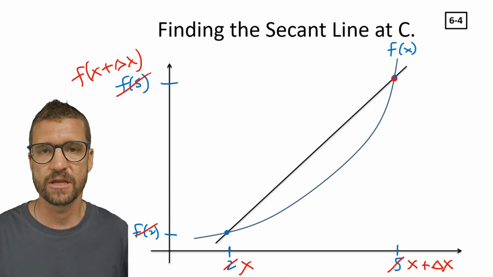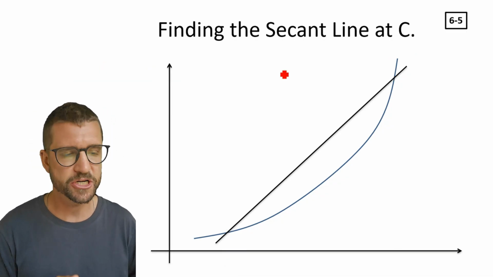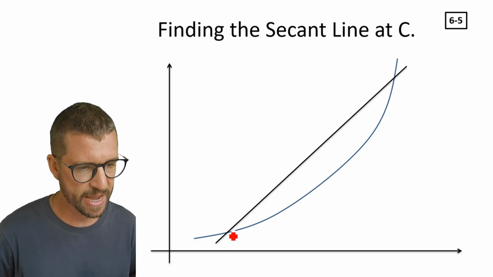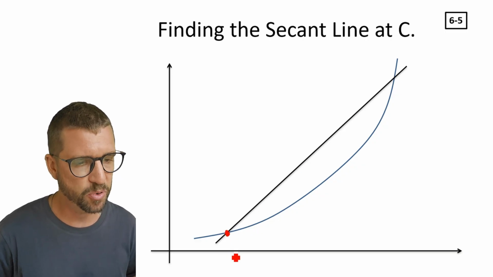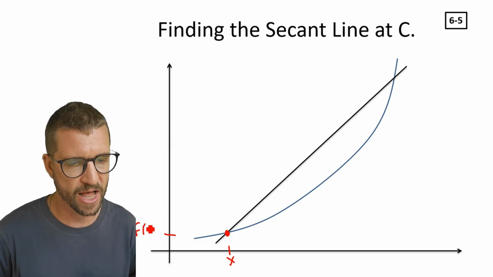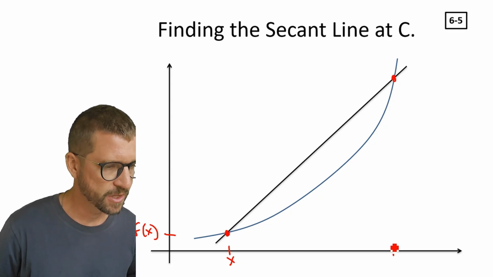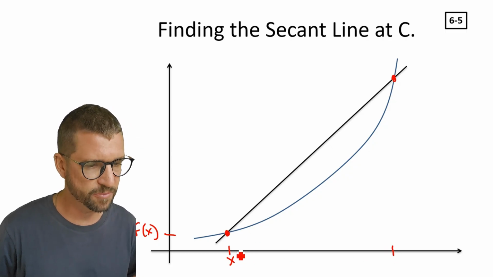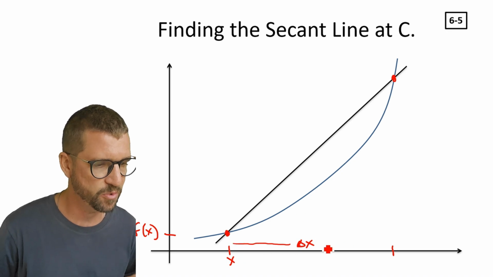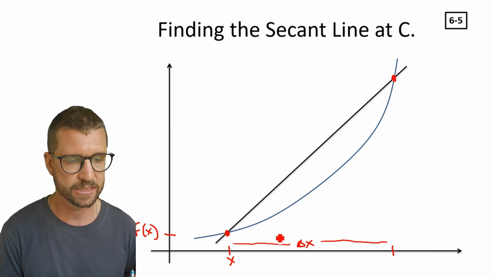Now let's get into the limit definition of the derivative. Let me show you what we're going to do here. First of all, we're going to take a secant line, so we're going to pass through this point. I'm going to call this point x, which means this y value I'll just call f of x. I'm going to let the distance between this point x and this new point be delta x.